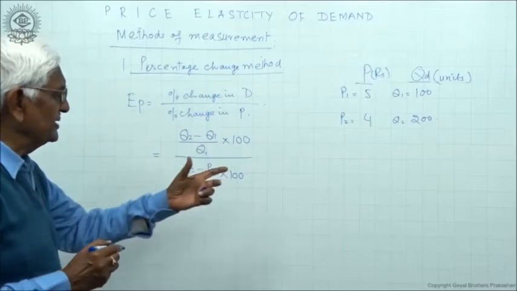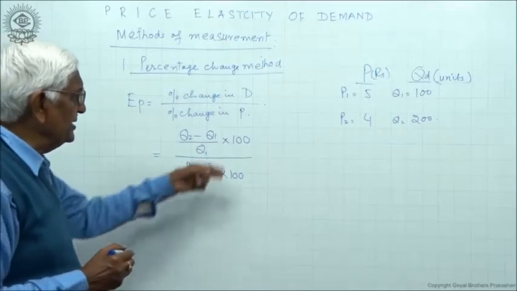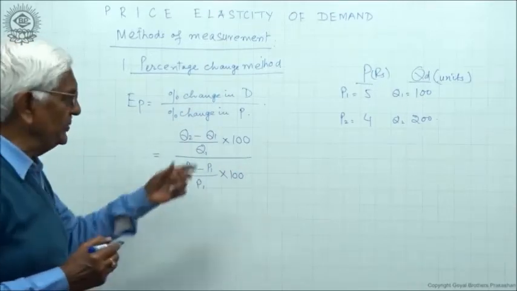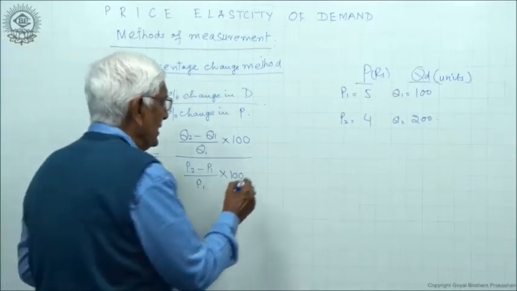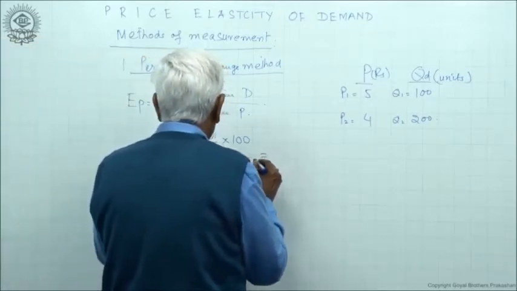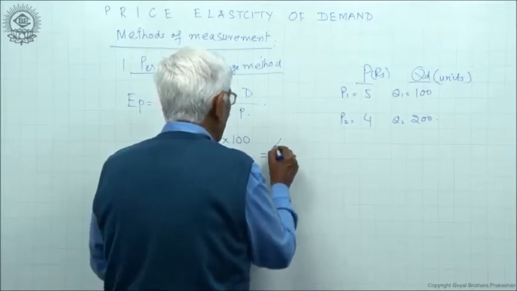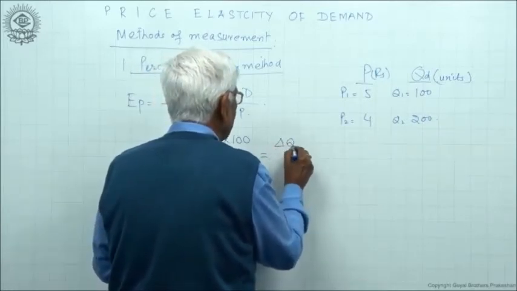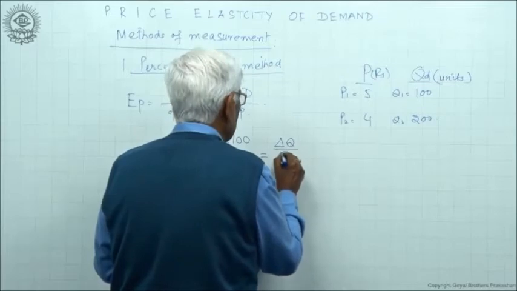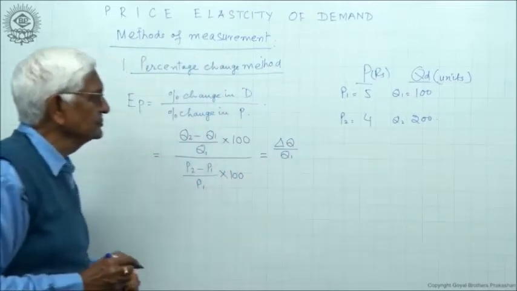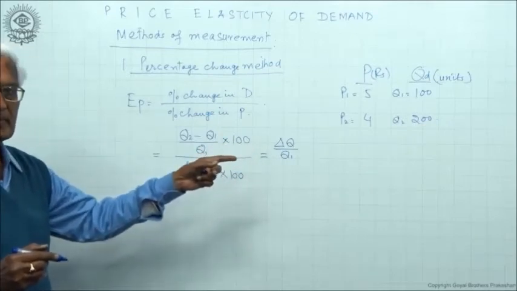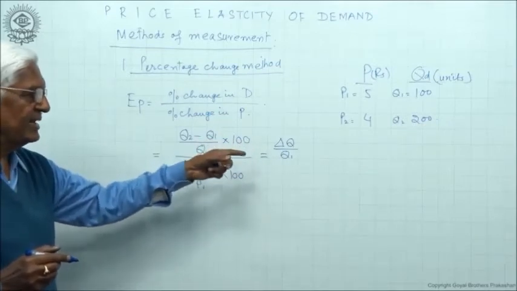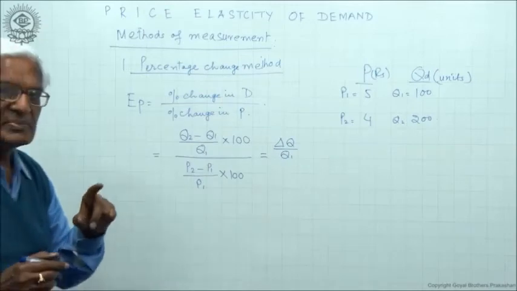Now when we solve it further, 100 gets cancelled because numerator as well as denominator get cancelled. Let us call Q2 minus Q1 as delta Q upon Q1, and P2 minus P1 as delta P upon P1. I hope you are familiar with this sign in mathematics: the triangle stands for delta, and delta means change.